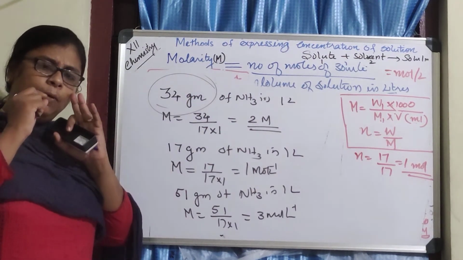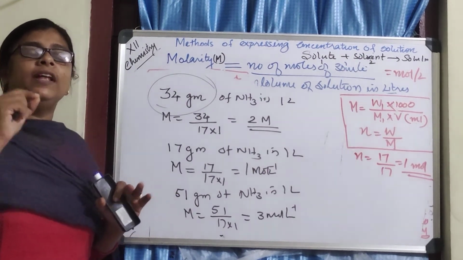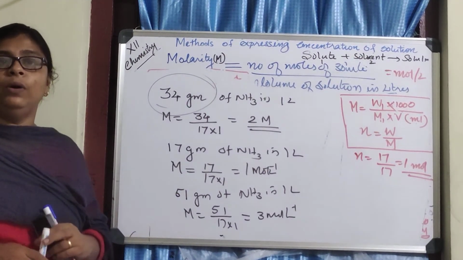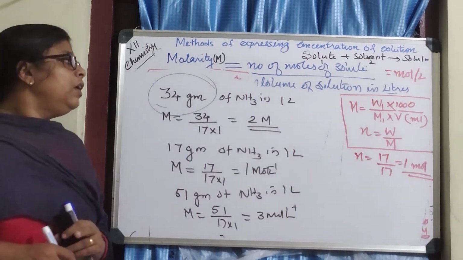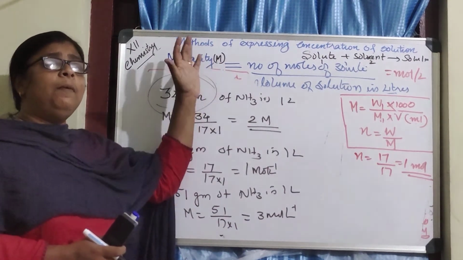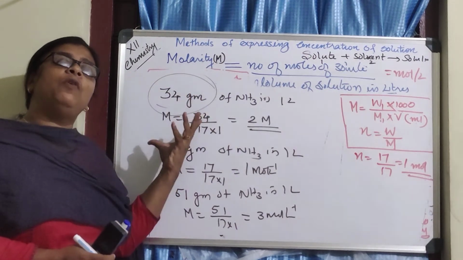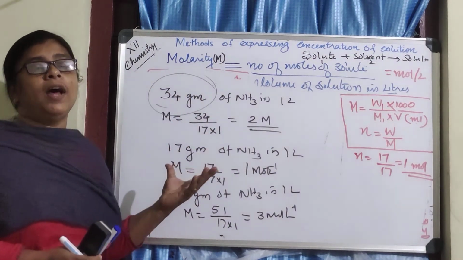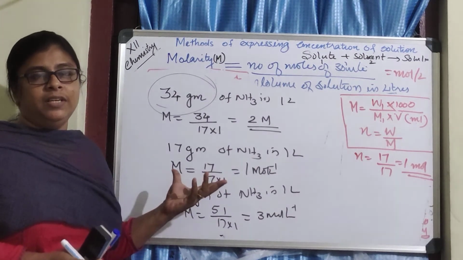So molarity is temperature dependent. വോളിയം എന്ന് പറയുന്നത് ടെമ്പറേച്ചർ ഡിപെൻഡന്റ് ആയിട്ടുള്ള ക്വാണ്ടിറ്റിയാണ്. As the temperature changes, there will be a change in the volume, and hence the molarity, the concentration of the molar solutions will also change.